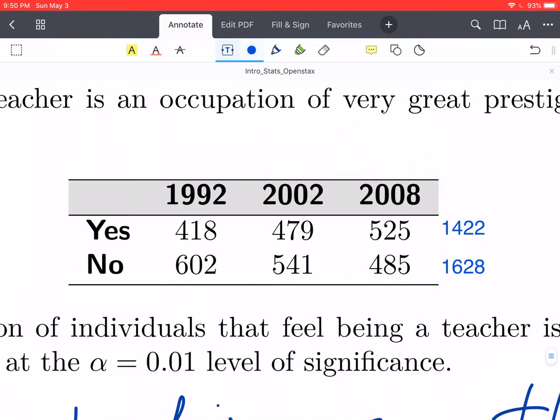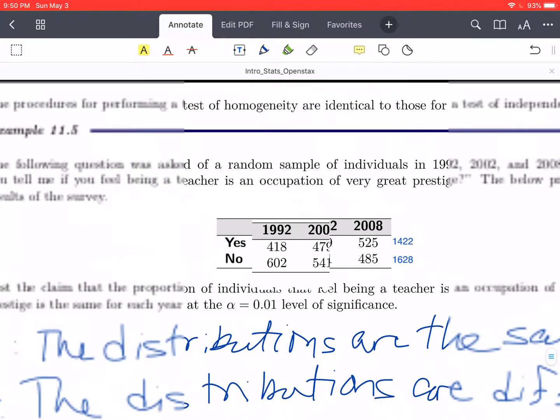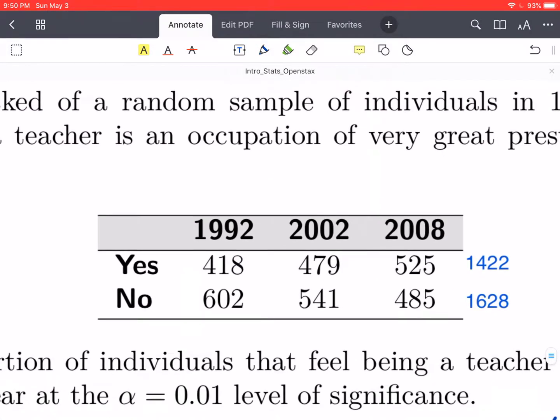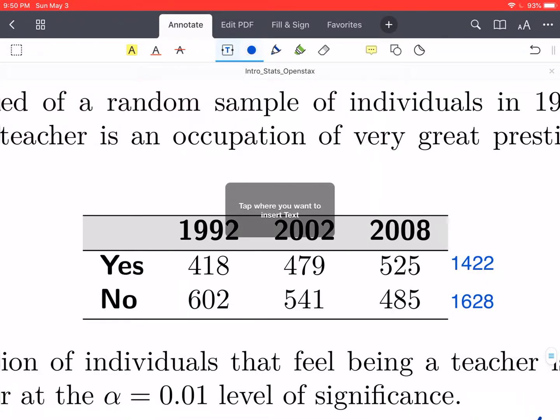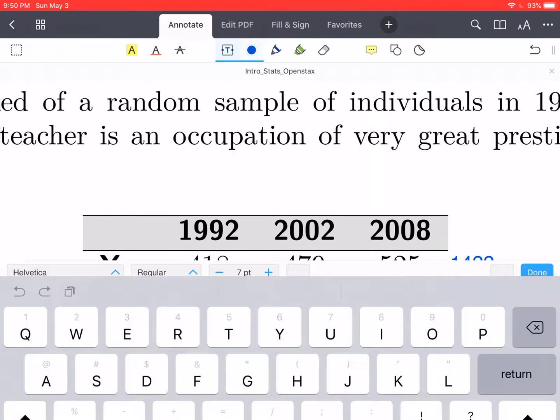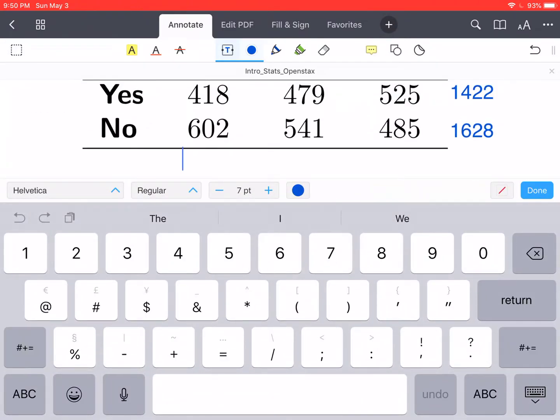Okay. Column totals. So first column over here, we're going to add up 418 with 602. The app's being a little glitchy today. So for our first column, 418 plus 602 is 1020.